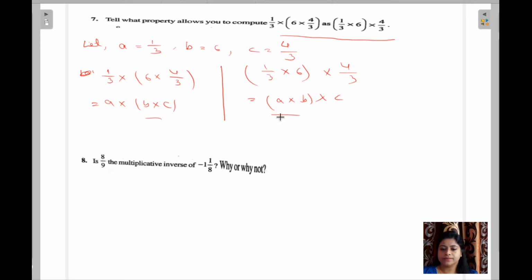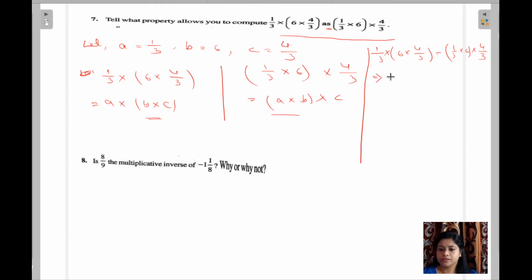Why have we taken A, B, C? To make it simple. Now, tell what property allows you to compute this, that means we have to tell the property which allows you to write 1 by 3 multiplied by 6 multiplied by 4 by 3.